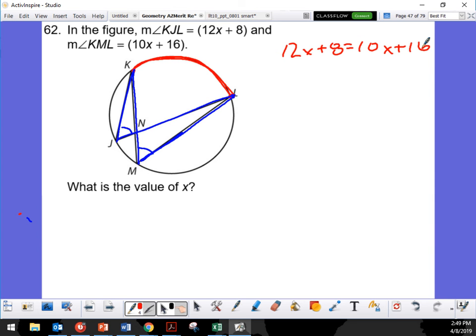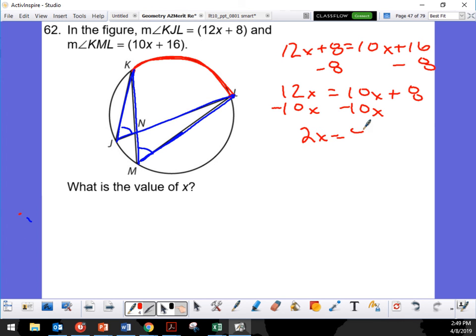What they both add up to, or what each one is? No, it's not asking for that. It's only asking for the value of x. They're both going to be the same, right? Okay, doing the math. 12x equals 10x plus 8, minus 10x. 2x is 8.